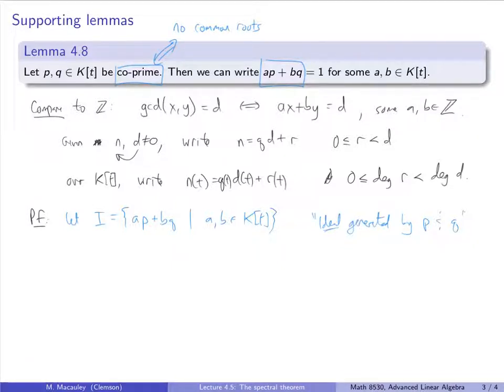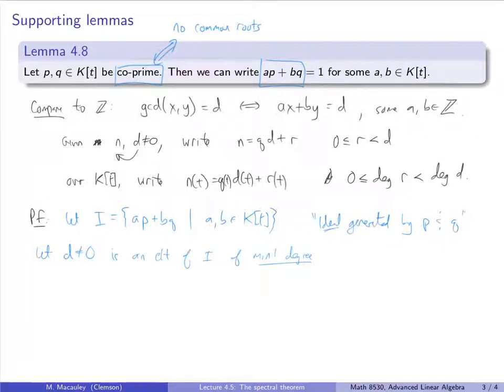So what we'll do now is let D be the non-zero element in I of minimal degree, or D is any such element, because up to scalars, right? So D is an element of I of minimal degree.